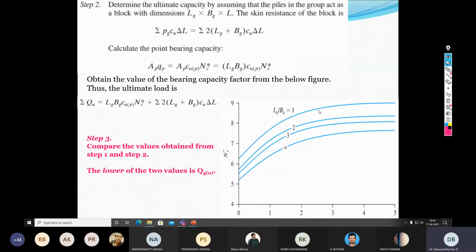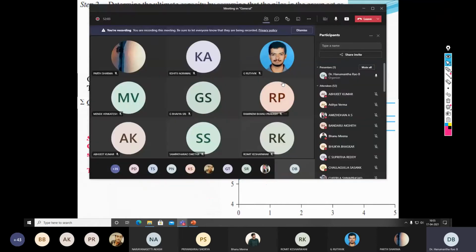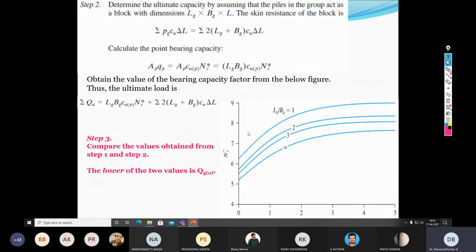If you have any difficulty in understanding the pile group capacity by considering as an individual pile or considering as a block. Any questions?